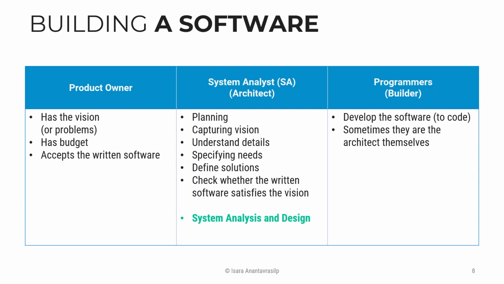This is confusing, I don't understand this, I don't like this. They can give you feedback or opinions early. But the idea is still the same. We have the three guys: product owner, system analyst, and programmer. Oh, by the way, we usually use PO to denote product owner and SA to denote the system analyst.